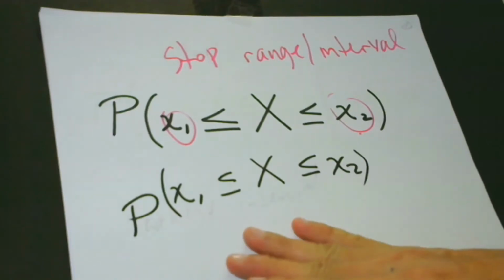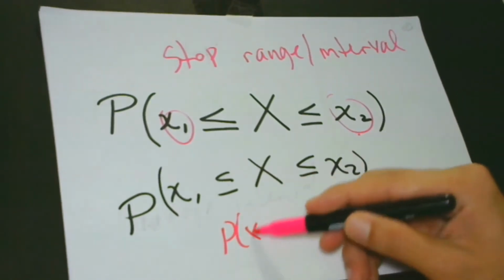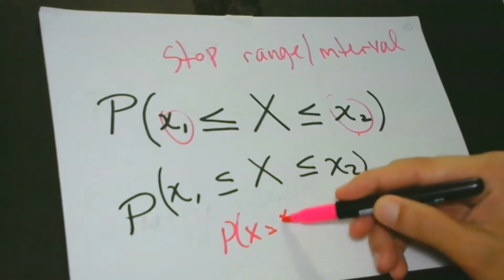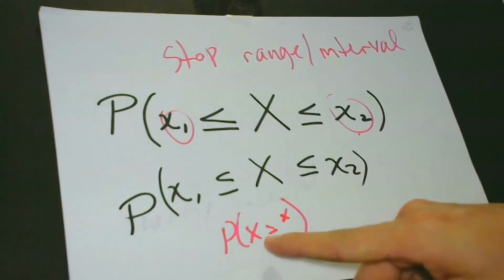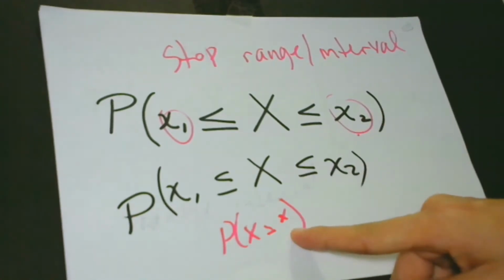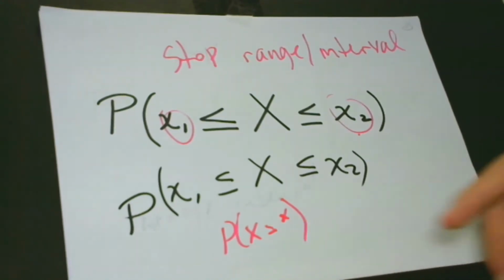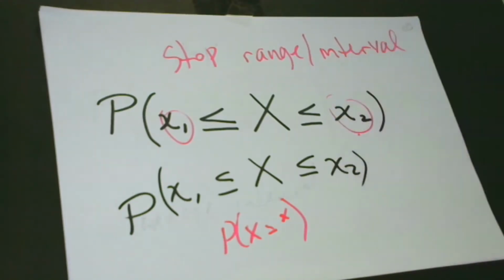But we cannot do this for P(X = x). The reason is that it is continuous and the discrete value of x cannot be found. Let me repeat that. We cannot do this for X = x because the reason is that it is continuous and the discrete values of x cannot be found.